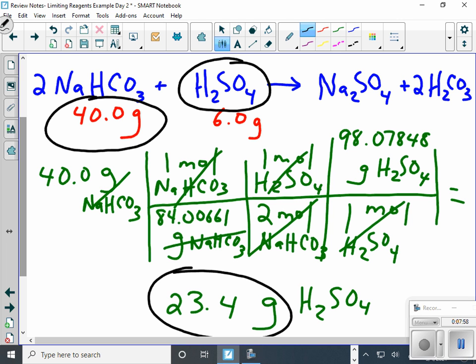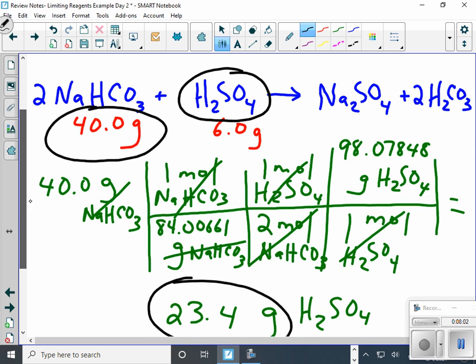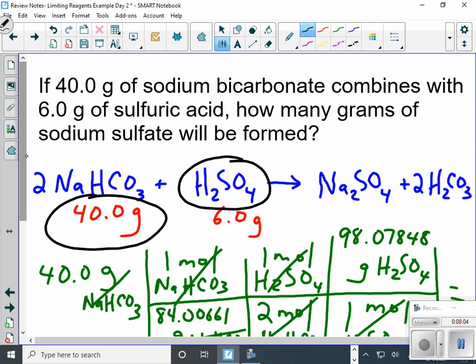Now, I've identified my limiting reagent. Is that what I was supposed to do? And the answer, no. I wanted to figure out how many grams of sodium sulfate will be produced. So this guy right here, how many grams of sodium sulfate will be produced? So I'm going to do a mass-to-mass problem, and I'm going to start with my limiting reagent. Do I want to start with that 40 grams?